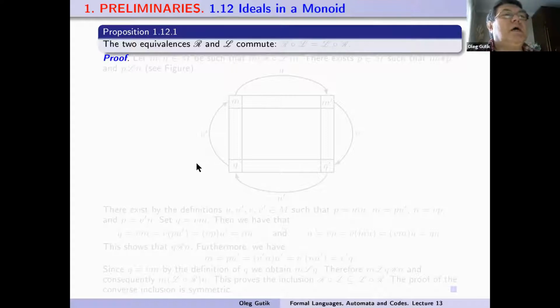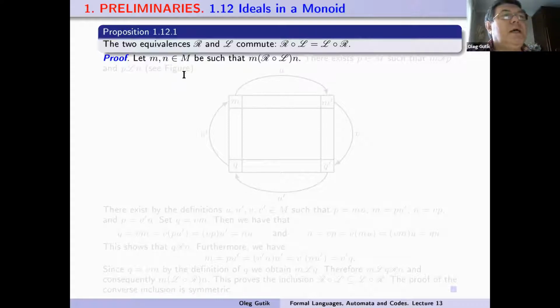Two equivalences R and L commute. So this means that we can consider the composition of the relations R and L, and this proposition says that the compositions of these two relations commute. Proof.